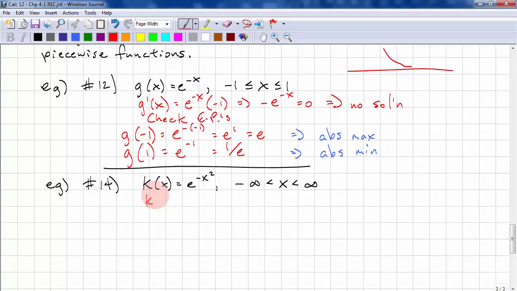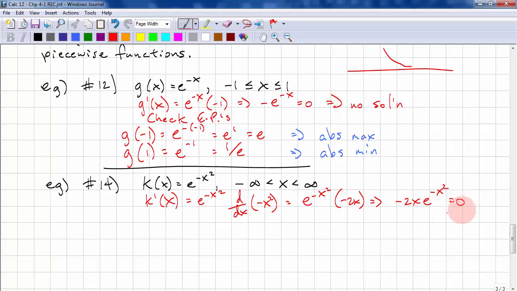Okay, derivative of e to the negative x squared: d/dx of negative x squared gives e to the negative x squared times negative 2x. So we need to solve negative 2x e to the negative x squared equals 0.